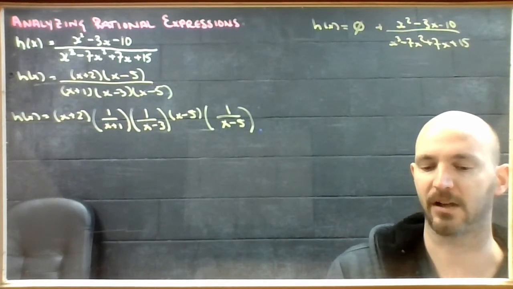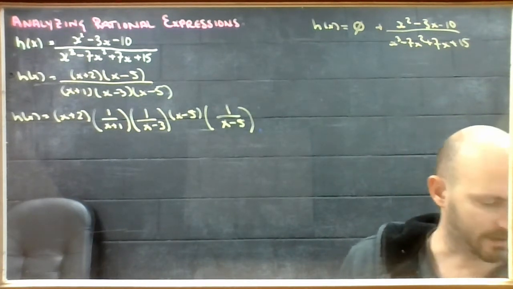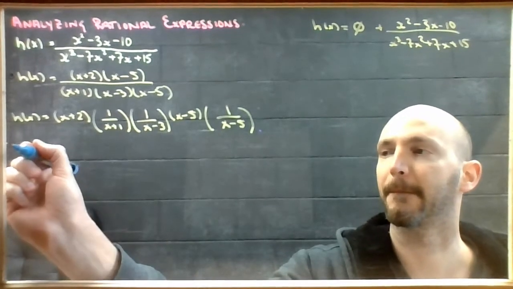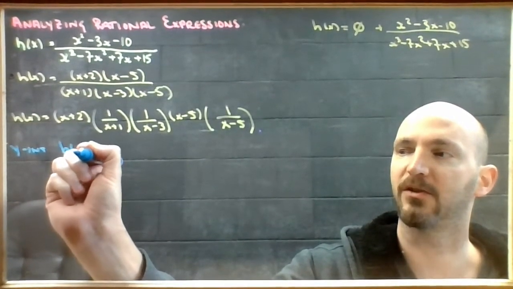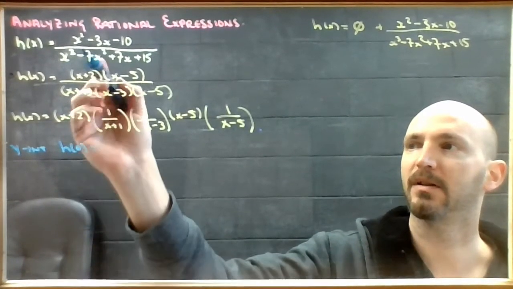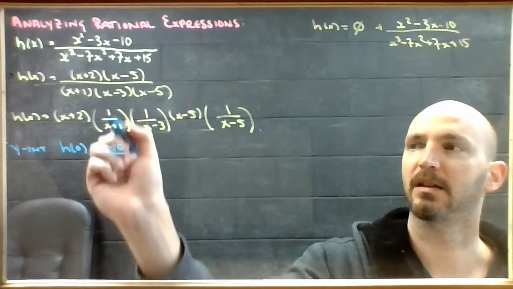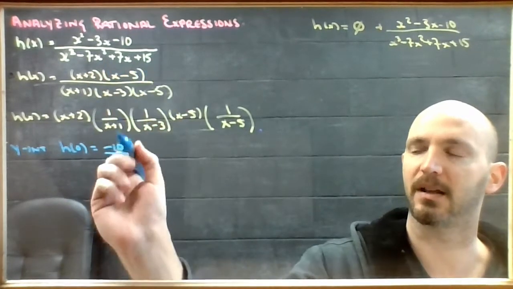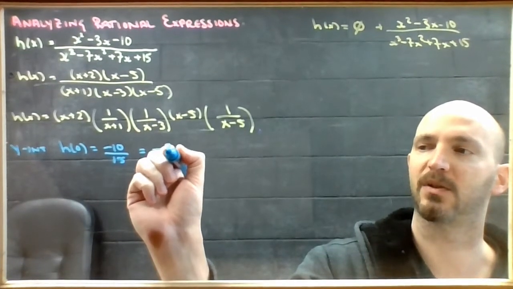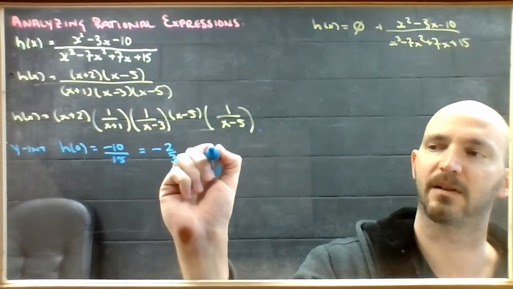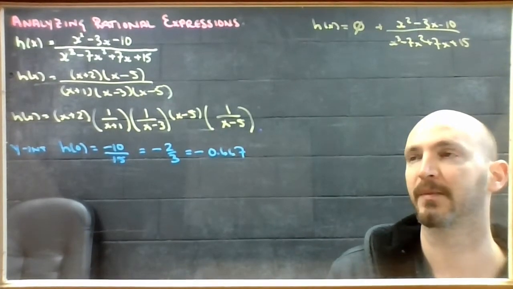Alright, but carrying on, to get our Y-intercept, that would be h evaluated at 0. So this is gone, this is gone, I have minus 10. This is gone, this is gone, this is gone, I have 15 in the bottom. So that's negative 2/3, or negative 0.667, however you prefer to look at that.